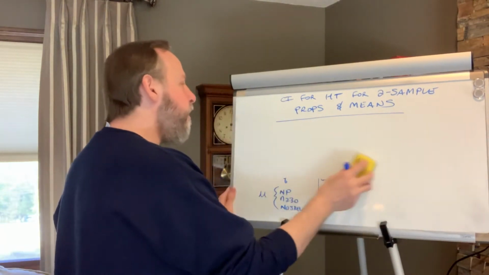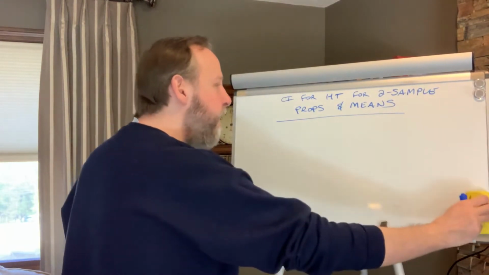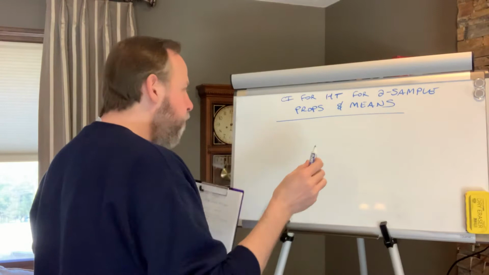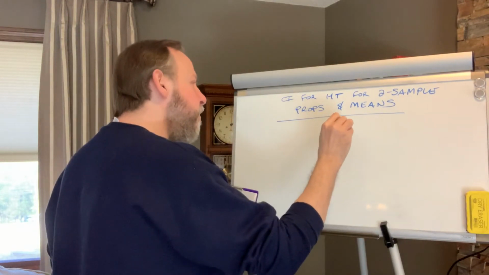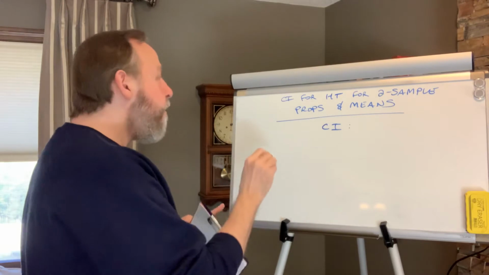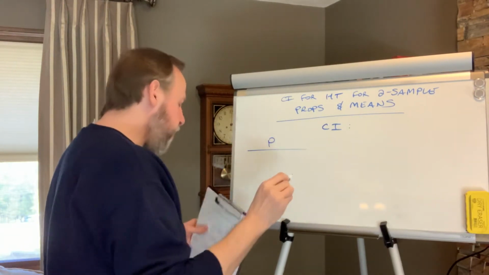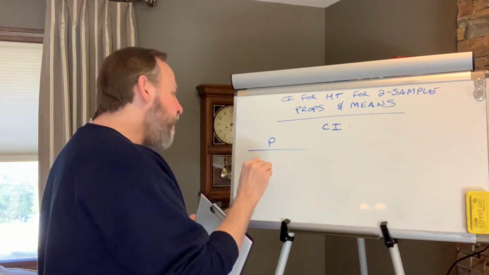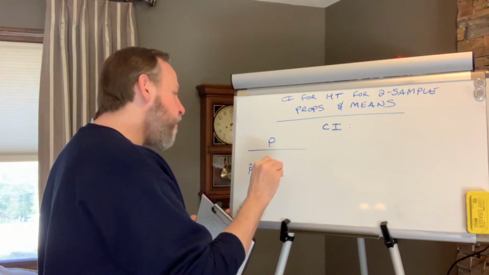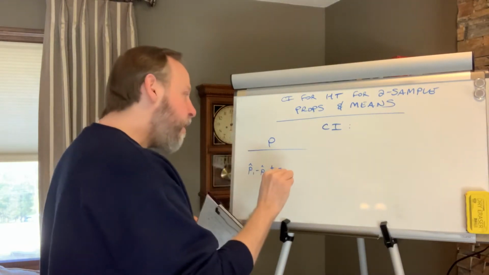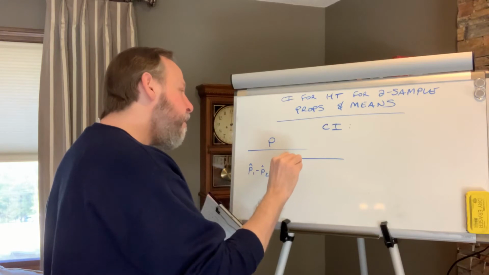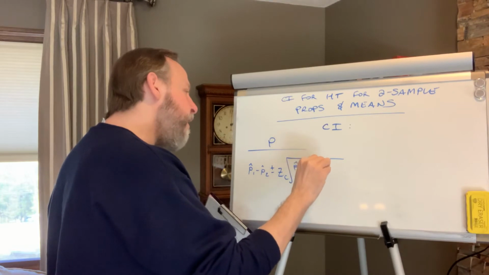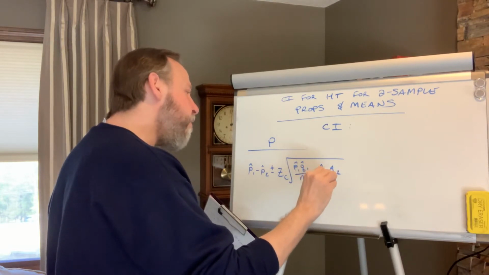Now, let's take a look at how we actually create our confidence intervals. So next will be our confidence intervals. How do we form them? For proportions, it is p hat sub 1 minus p hat sub 2 plus or minus critical z-score times the square root of p hat sub 1 q hat sub 1 over n sub 1 plus p hat sub 2 q hat sub 2 over n sub 2.